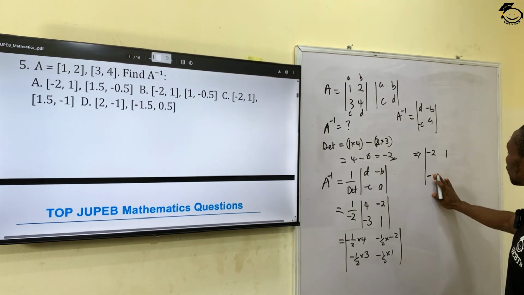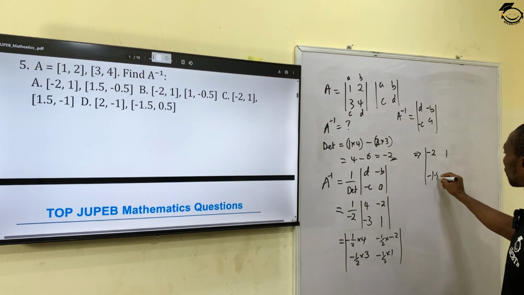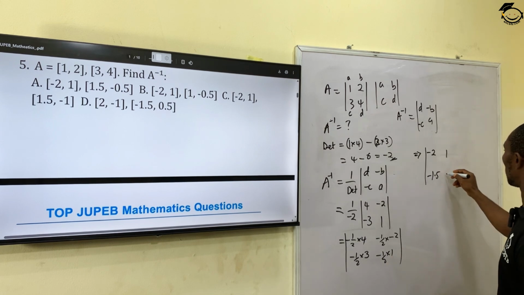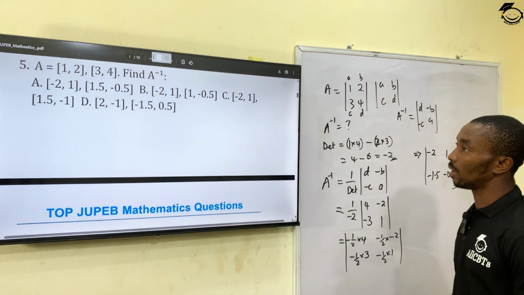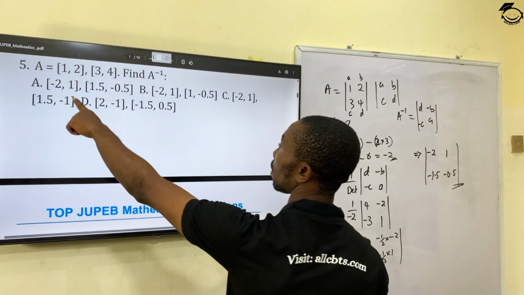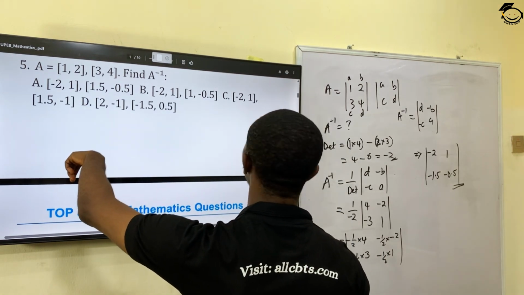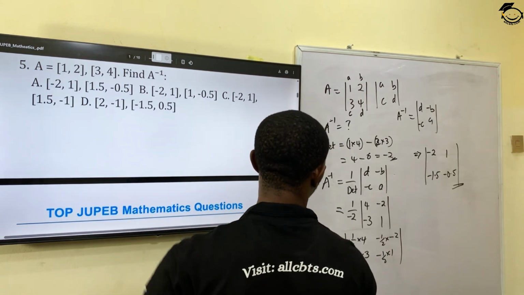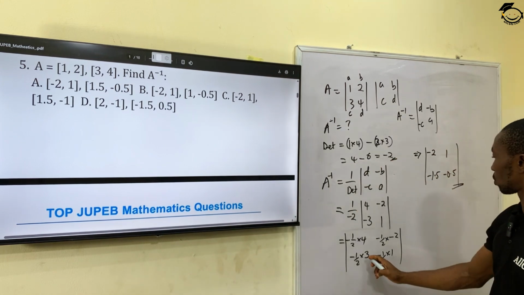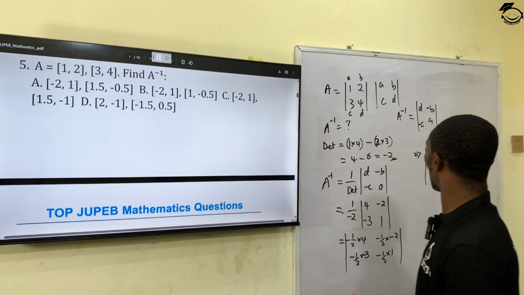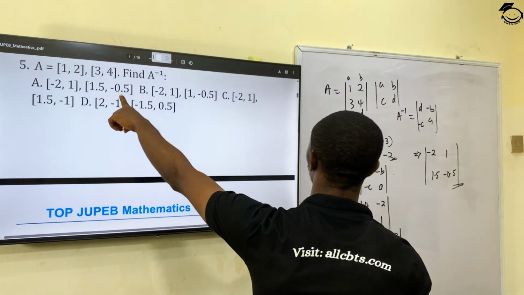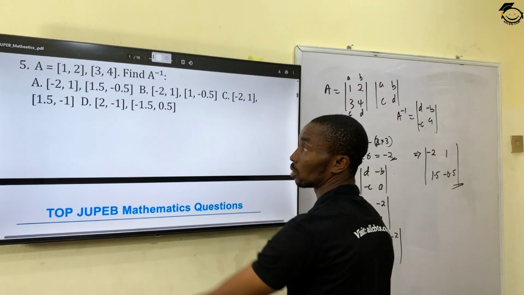We can say 1.5, and this will become minus 0.5. So that will be our matrix. Oh sorry, this 3 is minus, so this should cancel. So we have minus 2, 1, 1.5 and minus 0.5, which is option A.